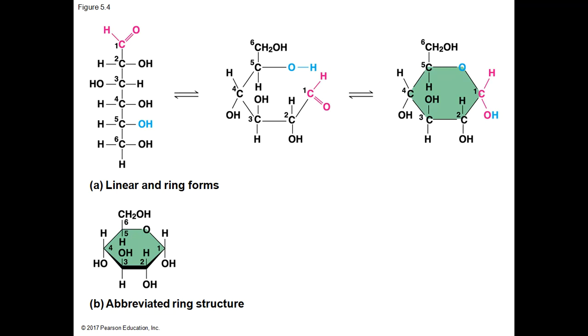That means it's going to be an aldose or an aldehyde. And if you were to throw it in water, it'll start to wrap around itself, as you see in the center of the top middle right here. I'm pointing at it right now. That's starting to form a ring, and then you'll have some reconfiguration on this end here as it forms a ring. So this is a linear and ring formula of the same type of molecule.